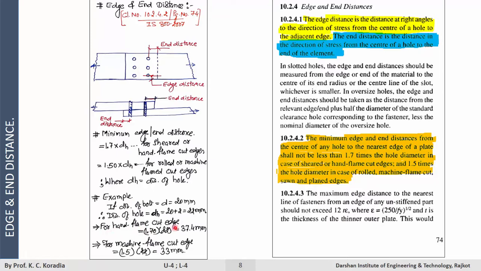For hand flame cut edges, end or edge distance will be 1.7 times 22, that is 37.4 mm, and for machine flame cut edges the edge or end distance will be 1.5 times 22, that gives 33 mm.